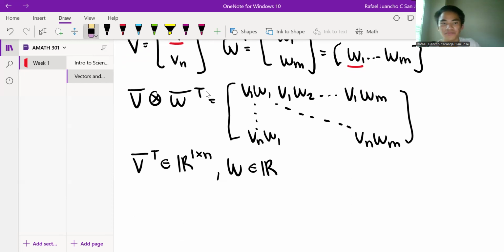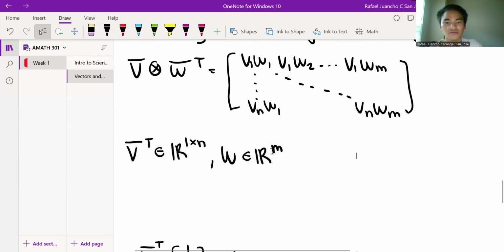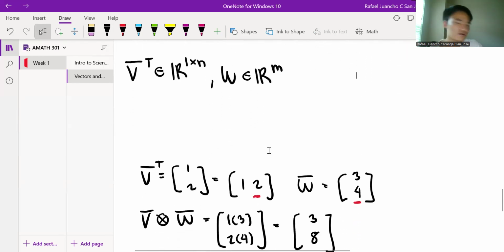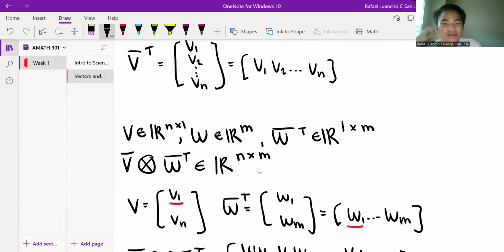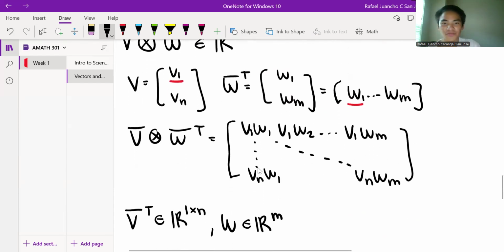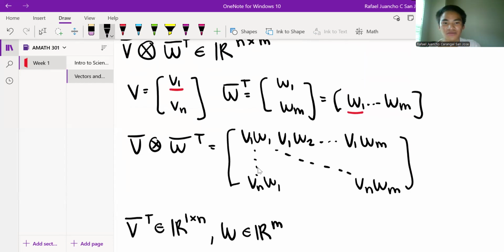I'll just call it m. Okay, I probably need to put this here for extra space. Now what do we want to do? We want to get their outer product. So V and W. What is that? Well, we actually can't figure out the characteristics just yet.